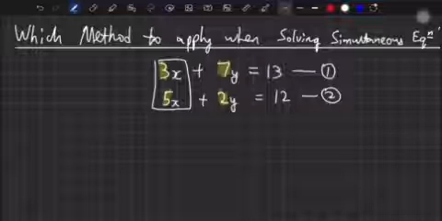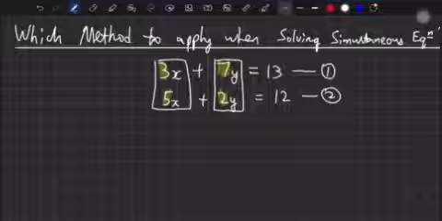And if you want to eliminate y, we will have to find the LCM of 7 and 2. So usually I will advise students to take the smallest coefficient to eliminate, which is 2. So we eliminate y. For equation 1, 7 and 2, the LCM is 14.